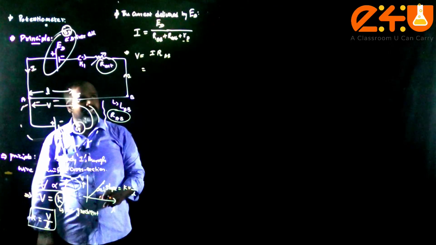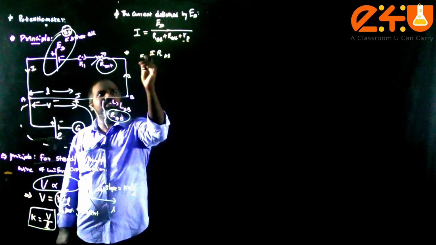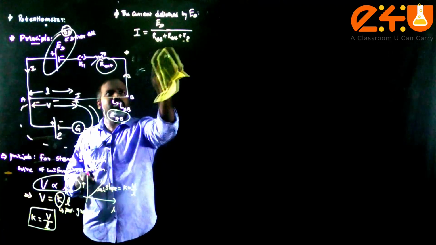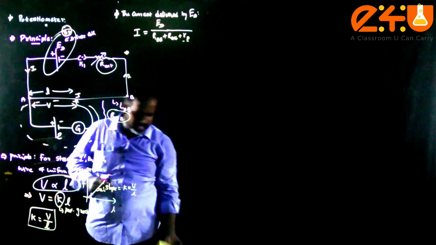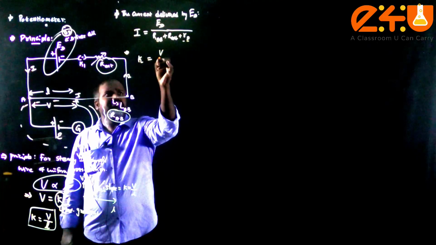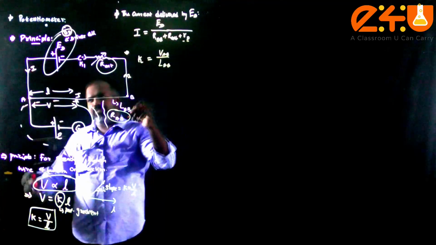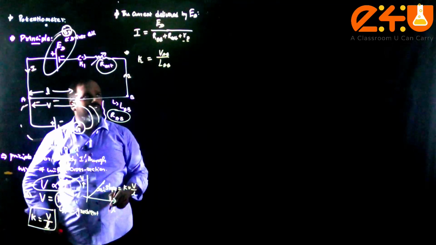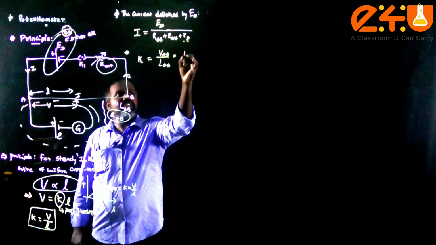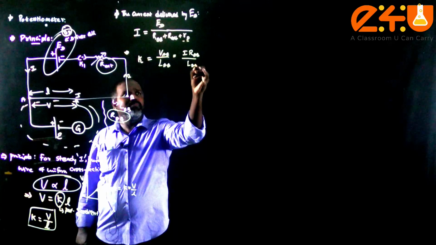K is equal to V by L. If you want to write the expression for K, K is the potential gradient throughout the length of the wire. So K is equal to VAB divided by LAB, the potential drop across this potentiometer wire. This VAB is nothing but I into RAB by Ohm's law.